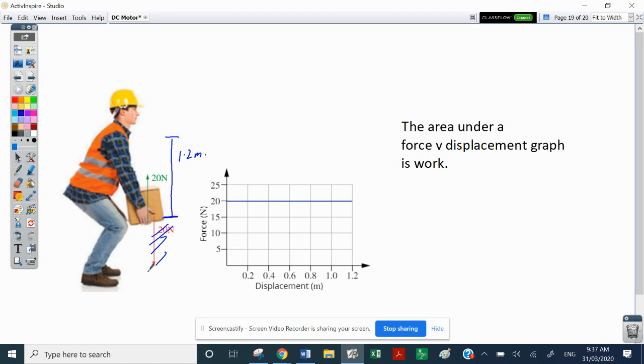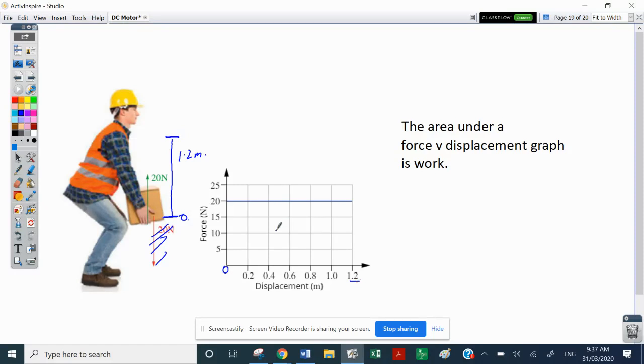Okay, here is a graph of that force. So it's 0 displacement at this point, so there is 0, and then he moves this 20 Newton force on this box through 1.2 meters. So that is what that force displacement diagram is.